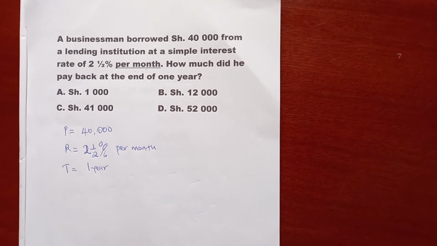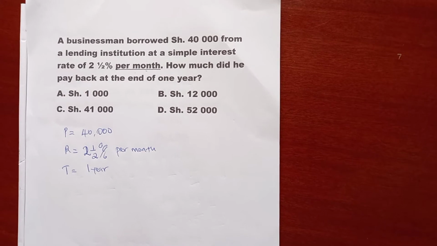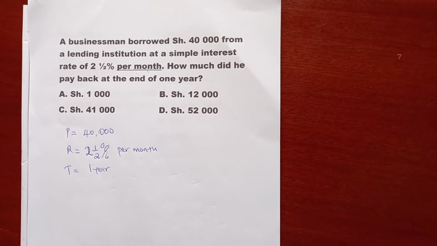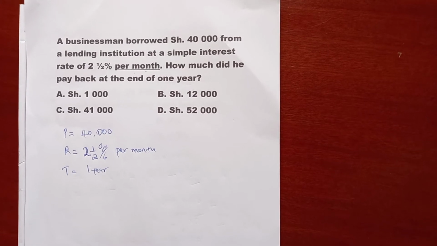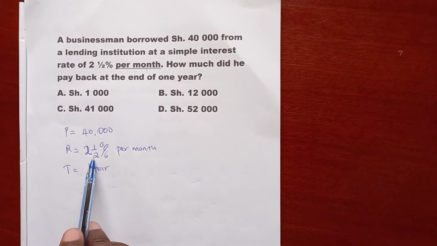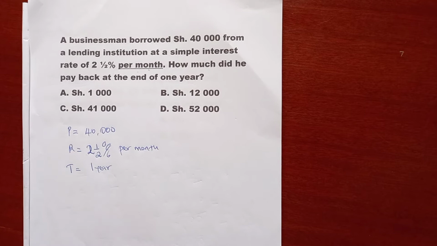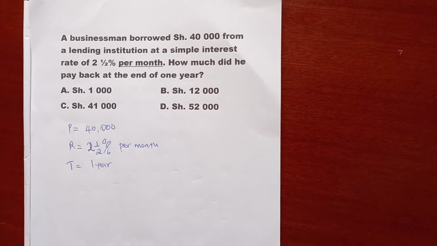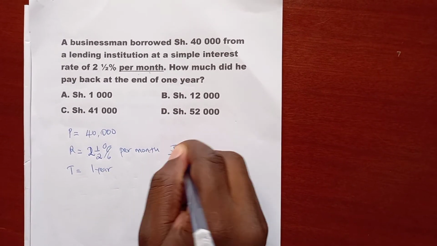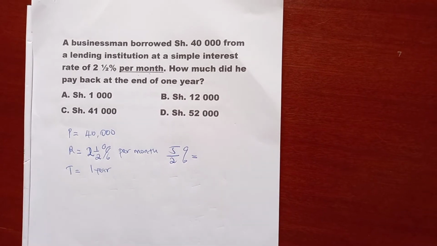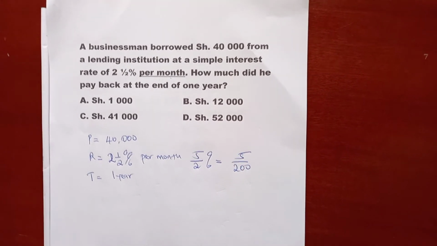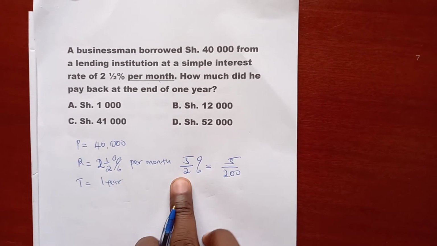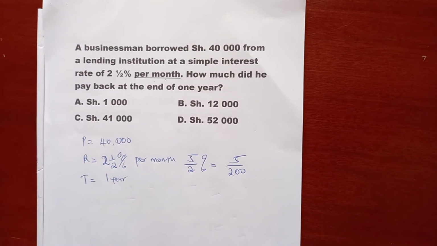Similar question, only the percentage is given as a mixed fraction, which we shall convert into an improper fraction. Let's convert our rate into an improper fraction. 2 times 2, 4. 4 plus 1, 5. So you get 5 over 2%. 5 over 2% can be written as 5 over 200 as a fraction. Remember, you multiply the denominator by 100.